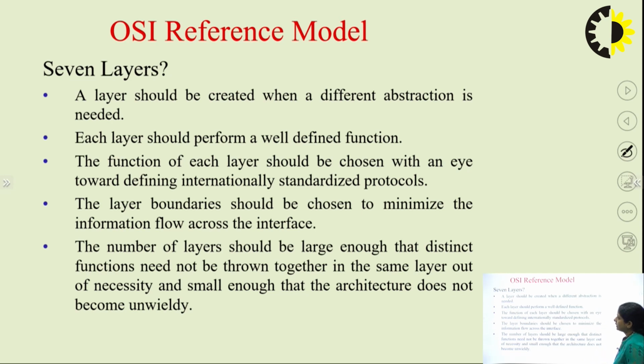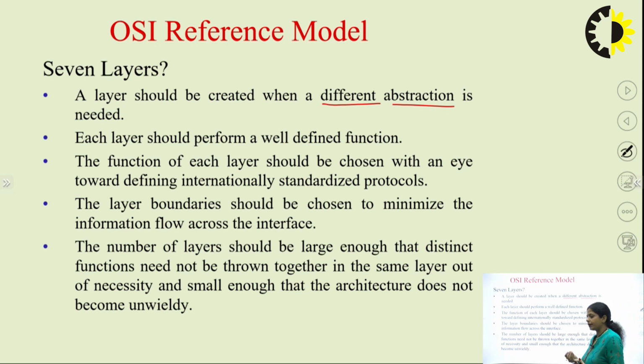First of all, we will see what a layer is. A layer should be created when a different abstraction is needed. What does it mean? Suppose at the initial level, I am saying I need to send some data. Fine. How will the data travel? In which form will the data be traveling?